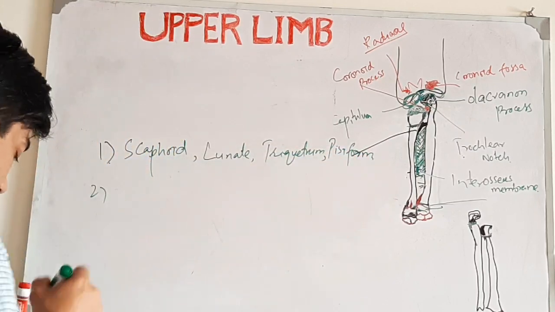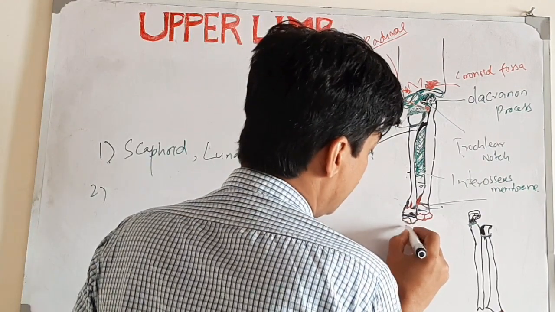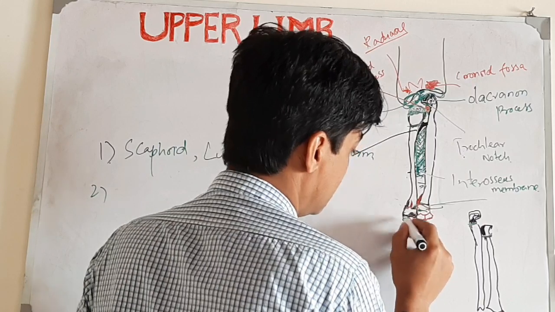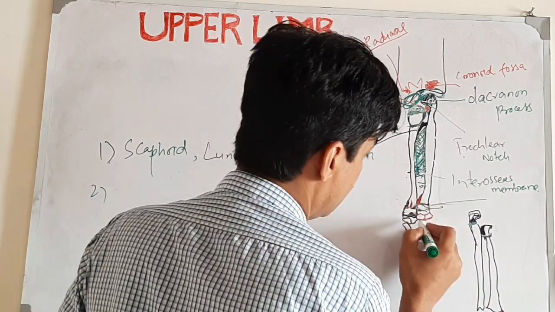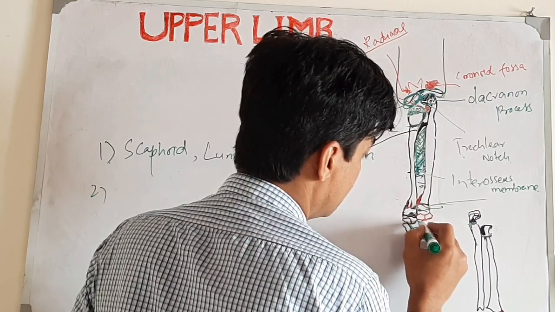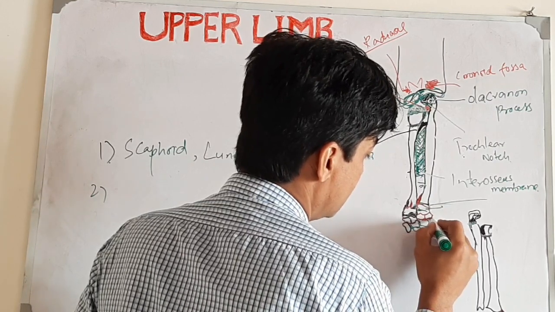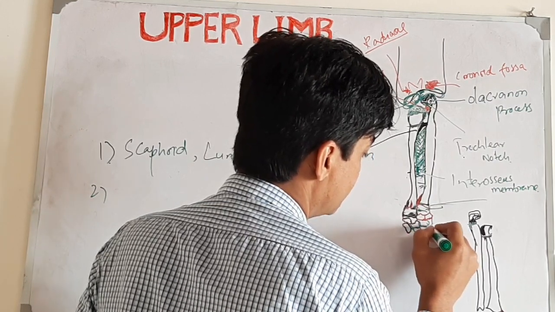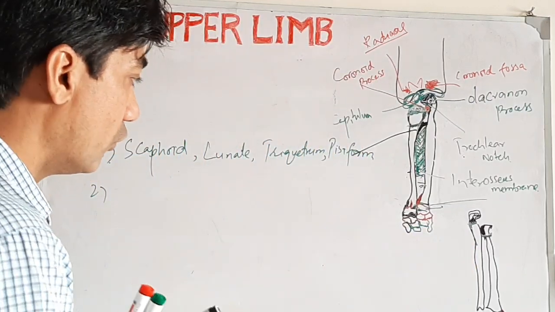The second row is trapezoid, trapezium, capitate, hamate. These are short bones arranged in two rows.